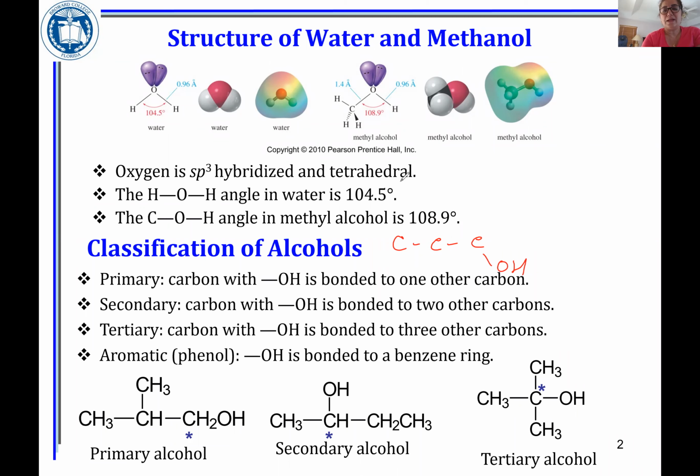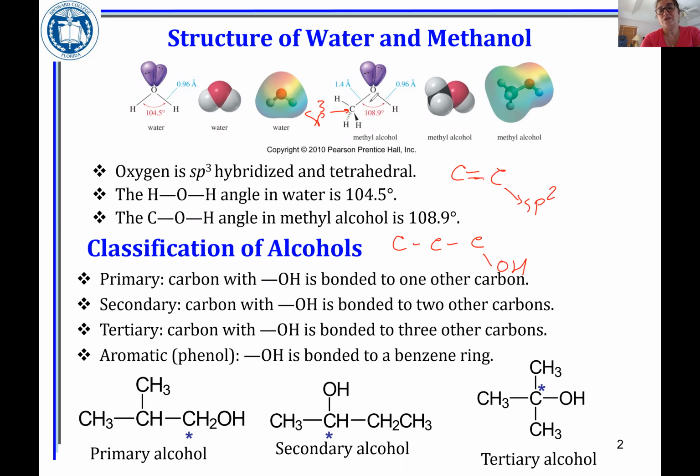The hybridization for the carbon carrying it depends on the number of bonds you have for carbon. If carbon carries one pi bond or one double bond, it is going to be sp2 hybrid. If all bonds attached to the carbon are single bonds, then it is sp3.